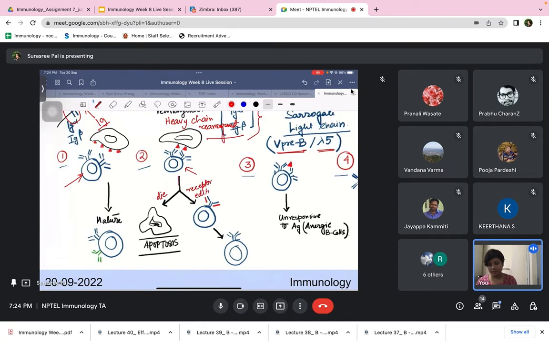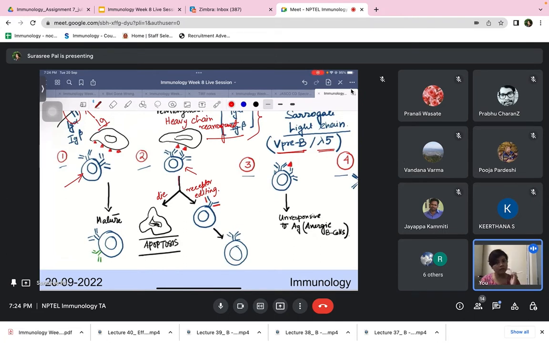which means that this particular receptor is able to recognize self antigen and react to it, right? So if I rearrange this particular receptor once again, the receptor might not react to the self antigen, right?